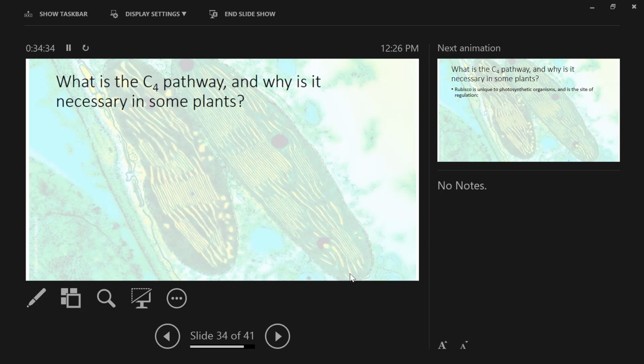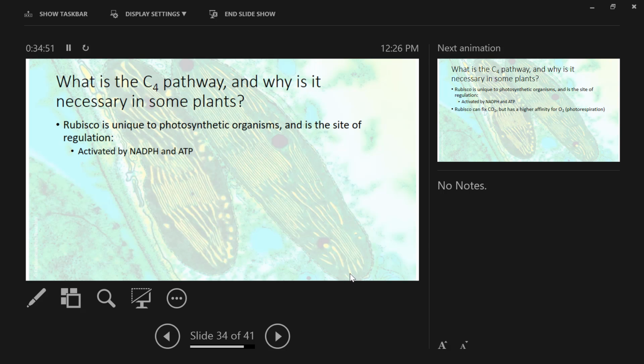So what is the C4 pathway, and why is it necessary in some plants? Remember, rubisco is unique to photosynthetic organisms, and it's the site of regulating this process. It's activated by the presence of NADPH and ATP.